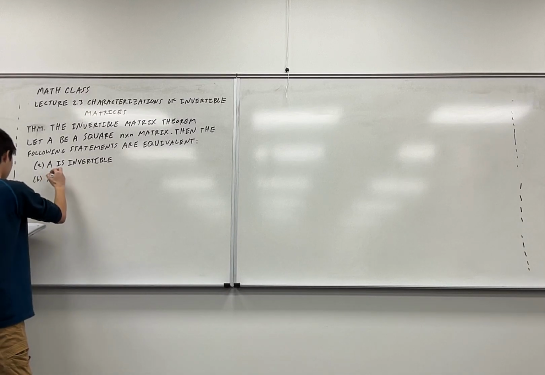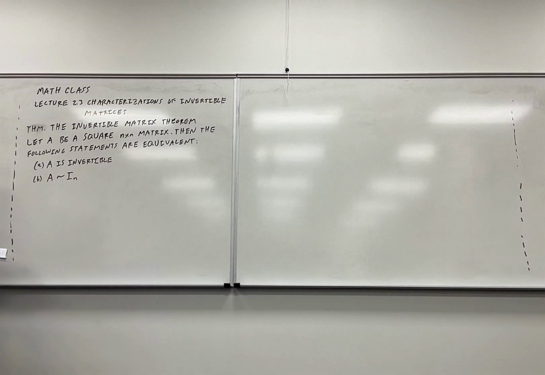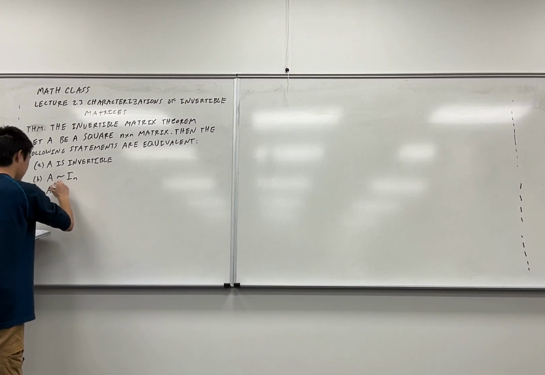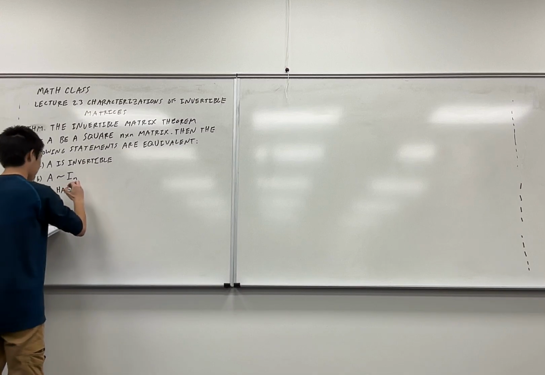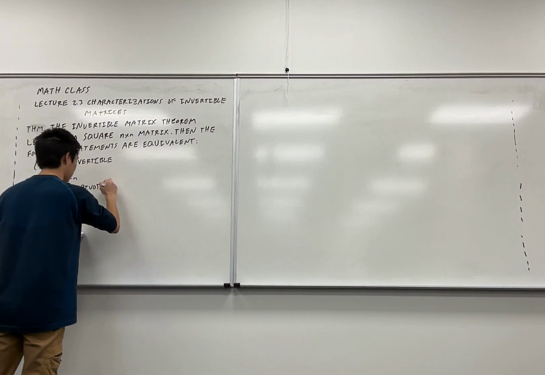So B: A is row equivalent to the identity matrix. This was the entirety of the lecture pretty much last time. We were talking about how A being invertible means we could get it to look like this, and that actually was part of the procedure for computing the inverse. C: A has n pivots, or n pivot positions.